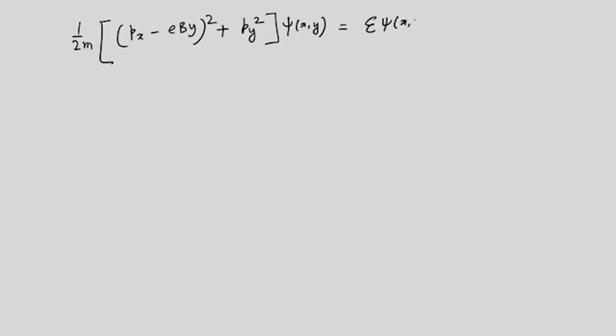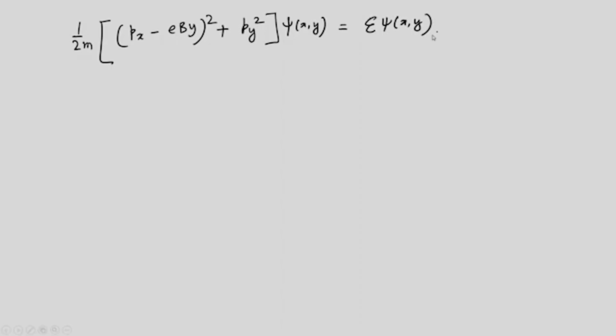Let us eliminate the z part of the kinetic energy, Pz square over 2m, and simply write 1 over 2m, then (Px minus Eby) whole square plus Py square, acting on psi, which is a function of x and y only, equal to an energy, let us say denoted by epsilon, times psi of x y.